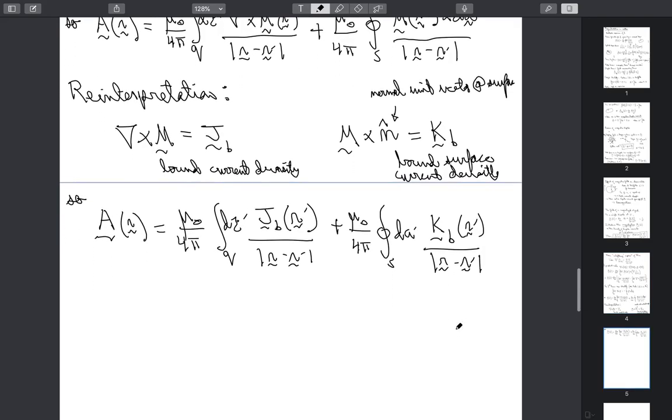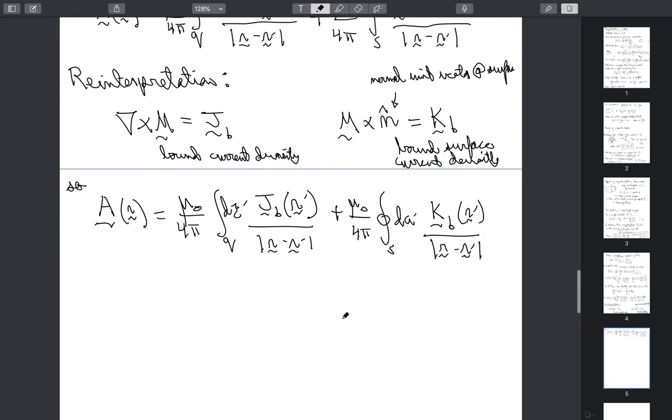Okay, so what's the kind of magic behind this? Well, actually, it's a complete parallel to what we had in electrostatics. And the nice thing is that it's actually physically meaningful to talk about this. So if you have, say, a big volume that contains lots of circulating currents in it, let's start with this term here.